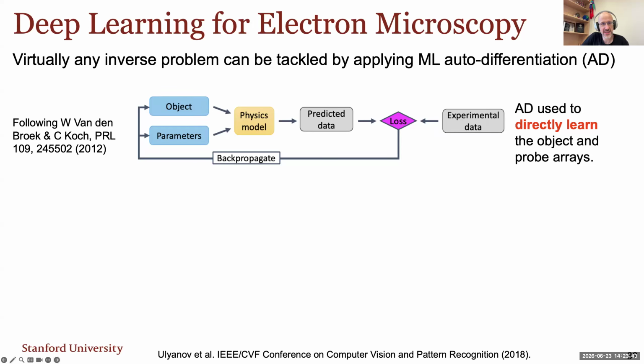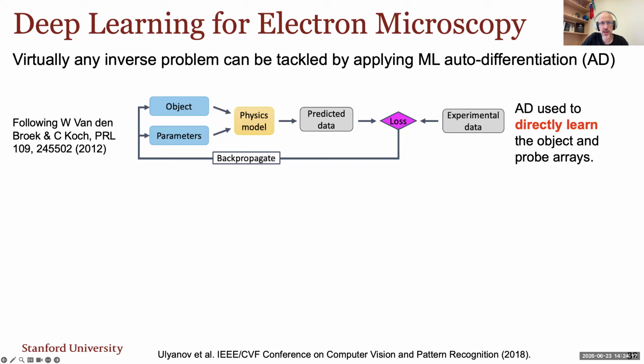So the basic idea is we have a representation of our object, and then we have our microscope parameters. Think in ptychography, the probe positions, the angle of the diffraction patterns, the defocus or spherical aberration or astigmatism of the probe, etc. And then we use that model of the object and the microscope parameters, feed them into a physics model, predict the intensities, and then take a loss function of the difference between our prediction and our experimentally measured data. And then we backpropagate that loss to update both the object and the parameters here.